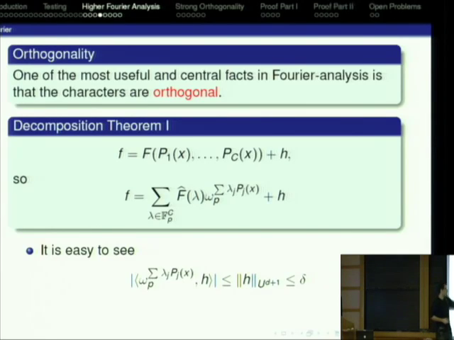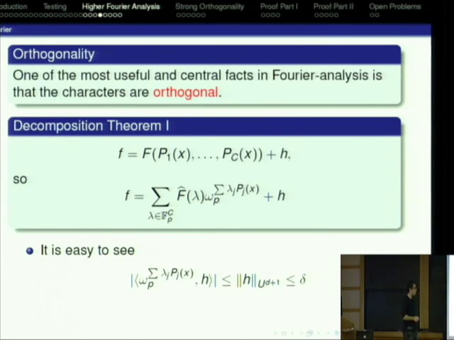So if you take any of these higher degree polynomials, omega p to this polynomial, and take its correlation with h, take its dot product, it's bounded by, so this is pretty well known and not so difficult. It's bounded by the U^{d+1} norm of h, which is at most delta. So each one of these terms is almost orthogonal to h when delta is small.